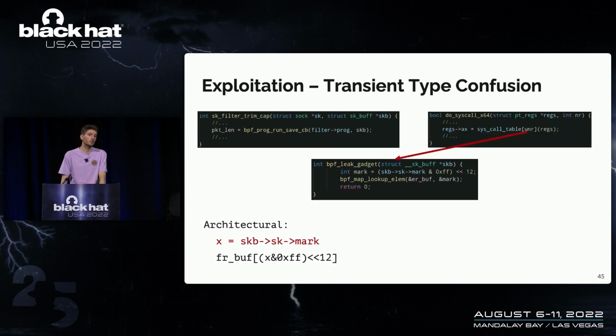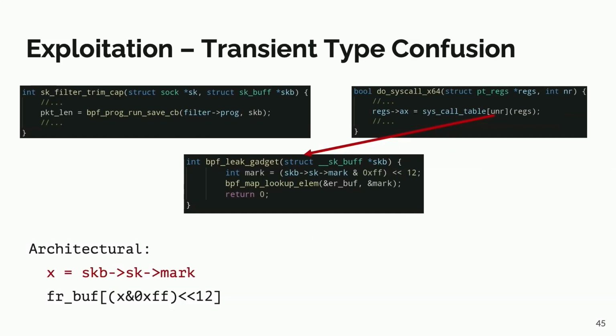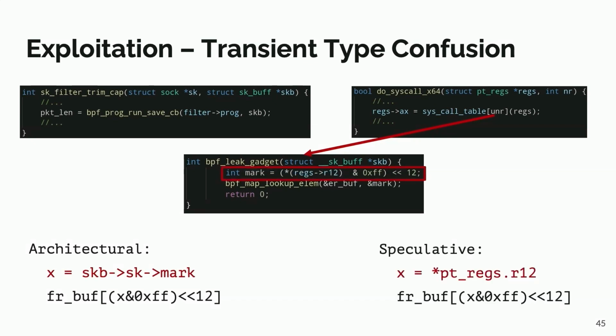Over here, thanks to Spectre variant 2, we are no longer coming from the eBPF dispatcher. We are coming from the syscall handler. So now, there is no more packet. Literally, there is a transient type confusion going on. And we are not accessing the mark attribute, but we are dereferencing register 12. So literally, we are dereferencing an arbitrary memory address in the kernel, and then leaving a trace in the cache that later we can use to recover the leaked data.